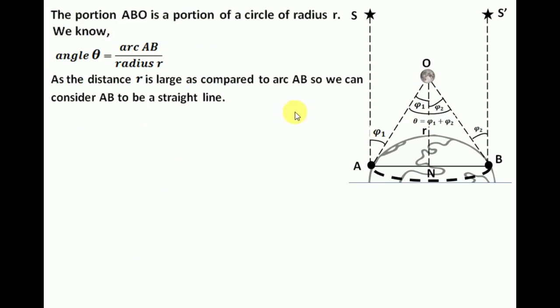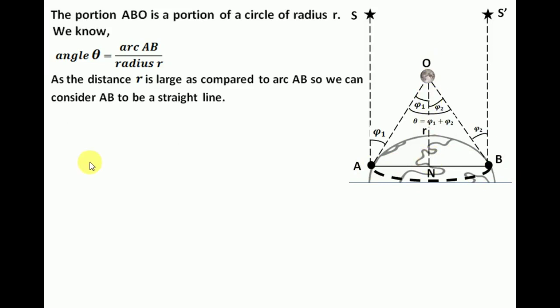So the distance r is very large as compared to the distance AB. Because AB is the distance between two positions on the earth, and r is the distance of the moon from the earth, r is much greater than AB. So I can consider this line AB to be an arc, it won't affect the distance r.